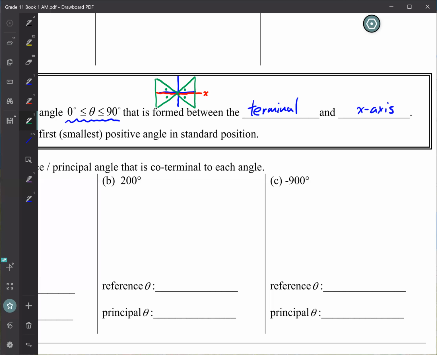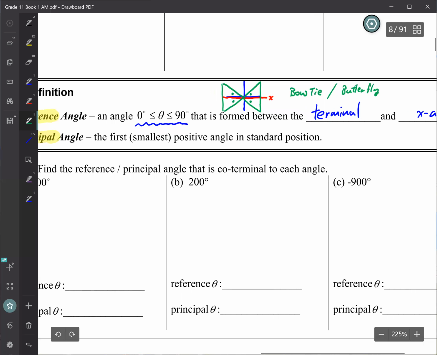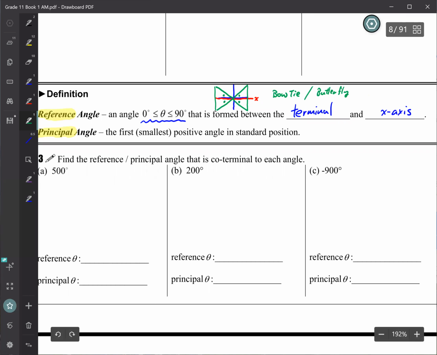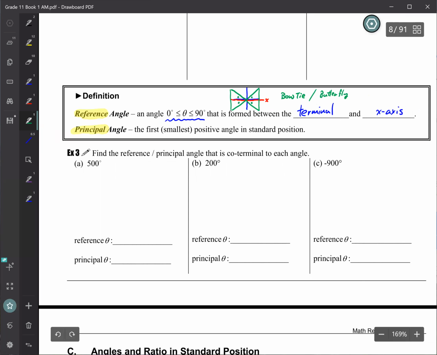So it looks like a bow tie, right? Or butterfly. Okay, so remember this picture. That's what reference angle means. We'll try an example, okay, so you understand better.